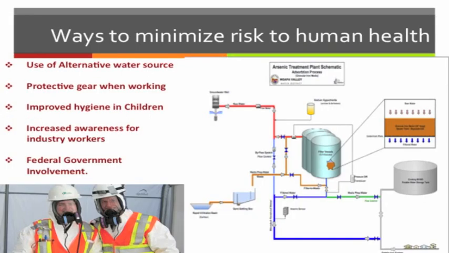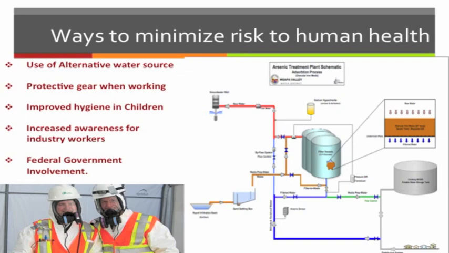Ways to minimize risk to human health. There are different ways in which humans can be kept safe from the effects of arsenic. Some of these include use of an alternative water source if the arsenic level in the surface water and groundwater sources exceeds 10 parts per billion. Use of personal protection gear to prevent exposure to arsenic-containing sawdust.